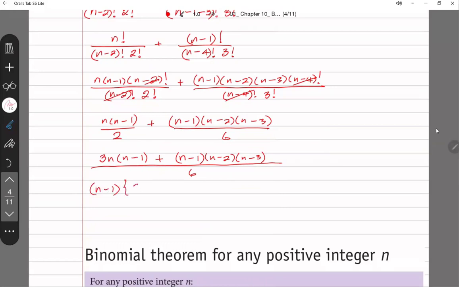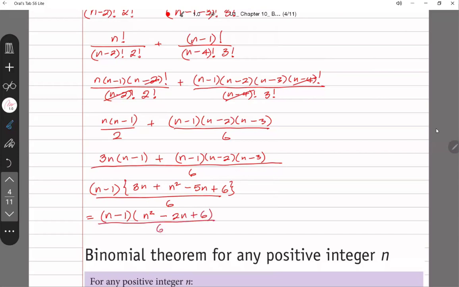So we have 3n plus n squared minus 5n plus 6, and this is over 6. So the final answer here is (n minus 1) times (n squared minus 2n plus 6) all over 6.